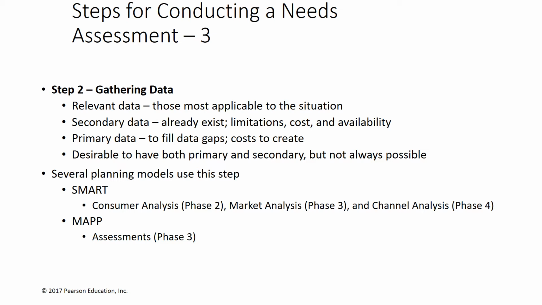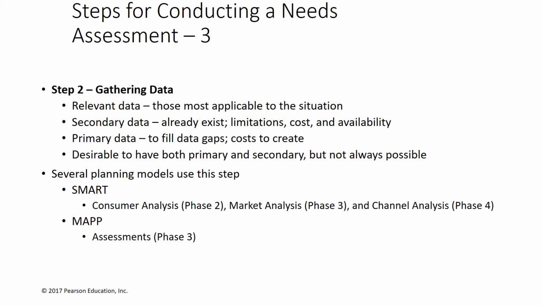You may have data about prevalence of type 2 diabetes, but it's presented at the state level. Well, you're working with a group in Palm Beach County. The prevalence reported in the state level data may not be equivalent to the prevalence rate in Palm Beach County. So you want to consider that.